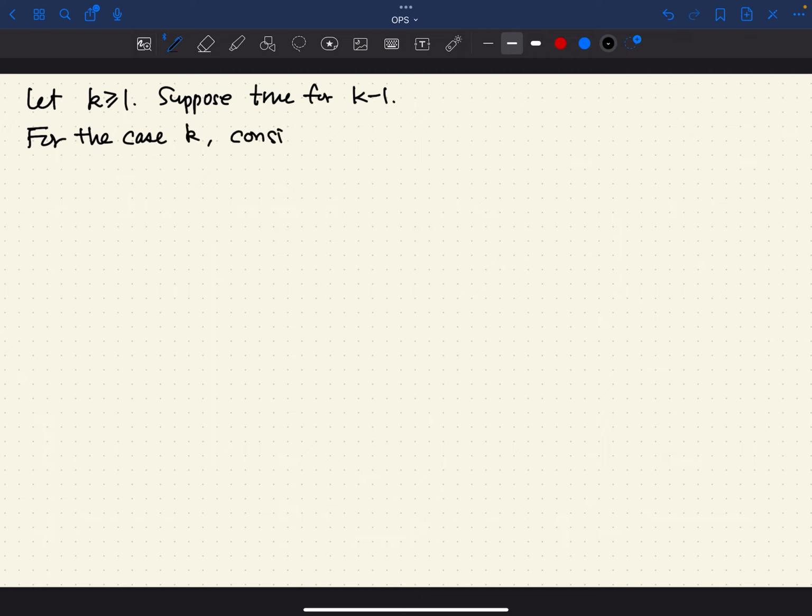So this is done, but what about the next step? Suppose it's true for k minus 1, and then we're going to consider k. For the case k, we consider Motzkin paths.